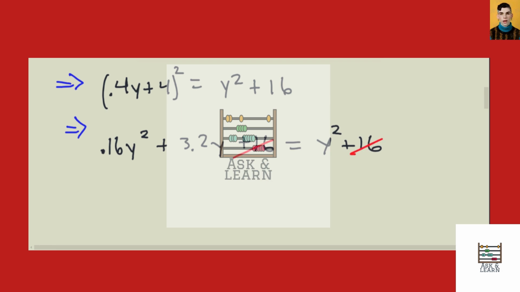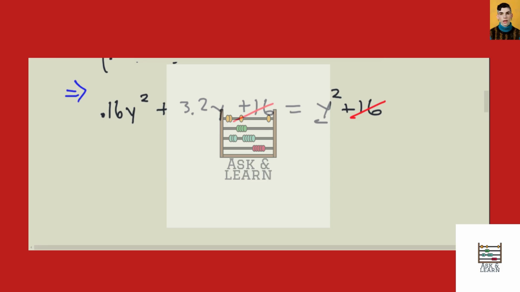As you can see, that 16's cancel, and we can subtract y squared from both sides. So we're left with a negative 0.84, but now let's multiply by negative 1 to get rid of that. So it's positive 0.84 y squared, and then this becomes minus 3.2 y equal to 0.